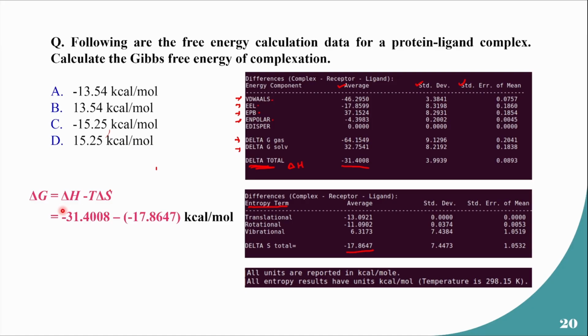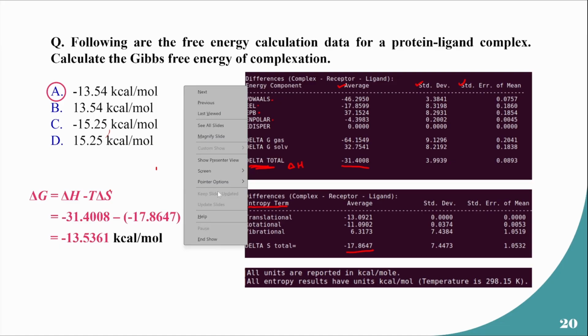So if you do a minus of that, it will be plus 17.8647. In total, you will get minus 13.5361. Okay, so hopefully the math is correct here. So in this case, you should get the result A, right? Minus 13.54 if you add all of this together.